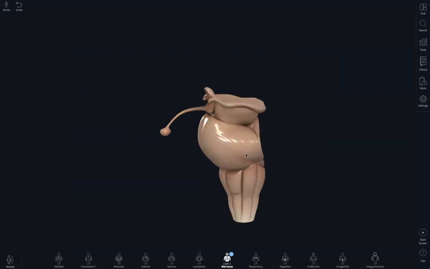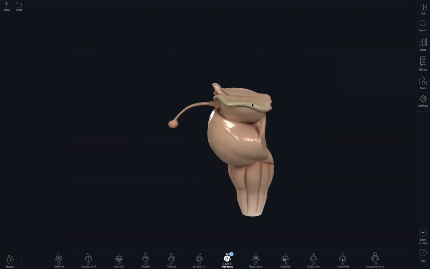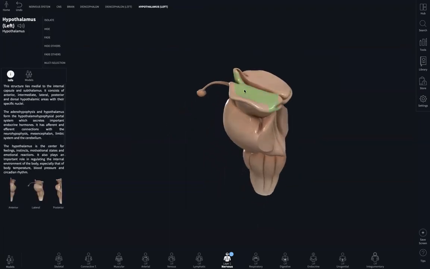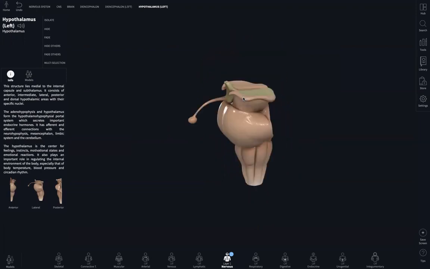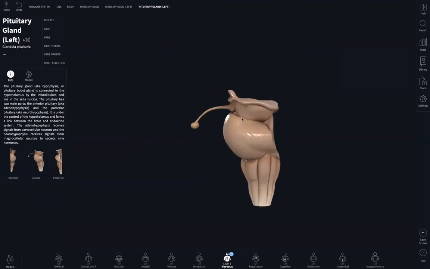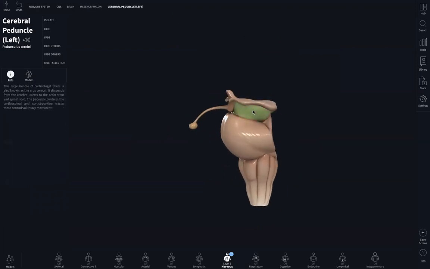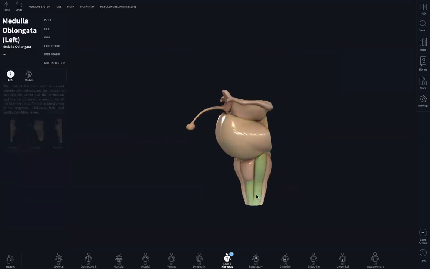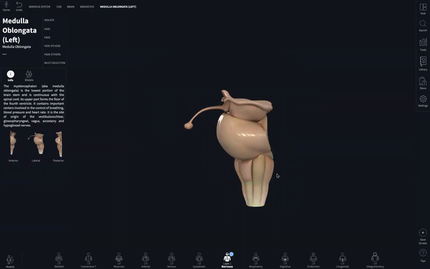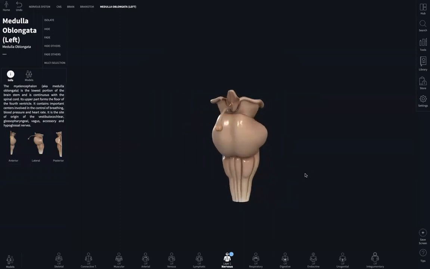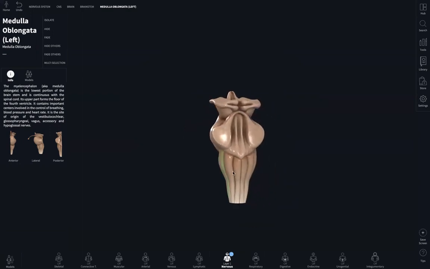What we have here is actually a little bit more than the midbrain. Out here, we have the thalami and the hypothalamus, as well as the pituitary gland on the stalk. That's a little bit extra, but mostly this is the midbrain, the pons, and this whole bit here is the medulla.